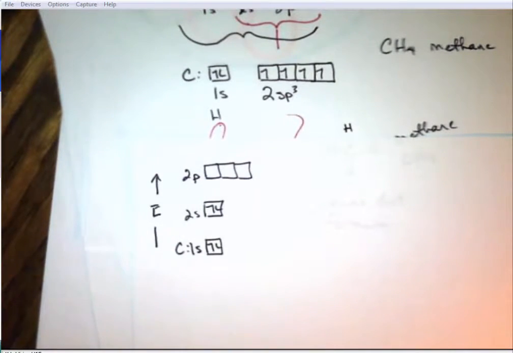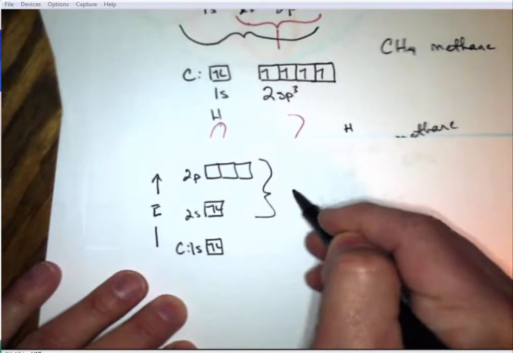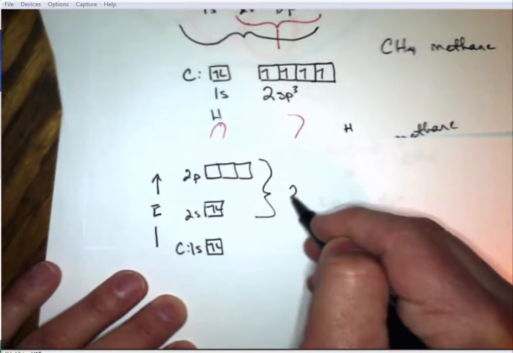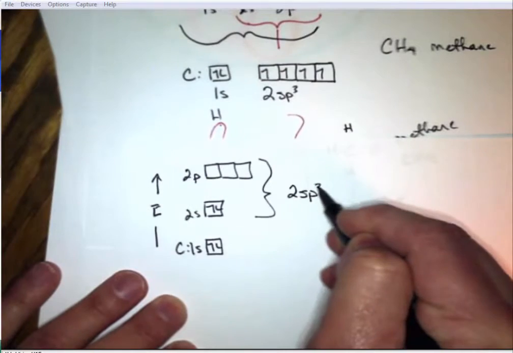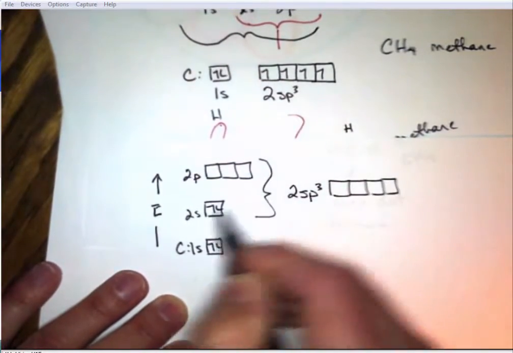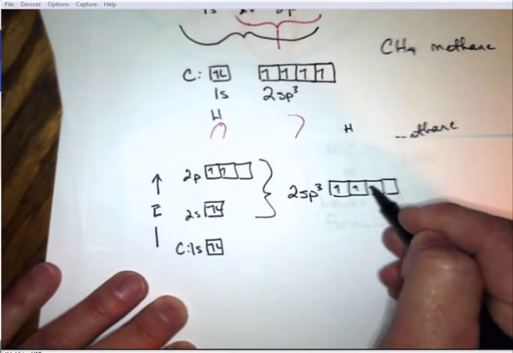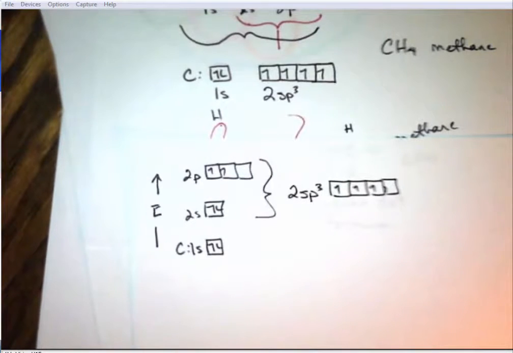So when we put them together, the resulting sp3 orbitals have an energy that's in between this s and p. So that energy level, their stability, is somewhere in between. Does that make sense?